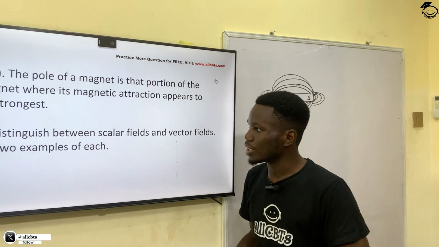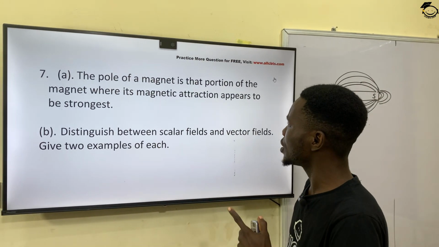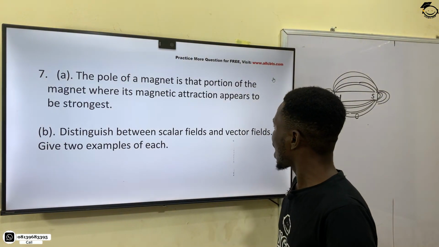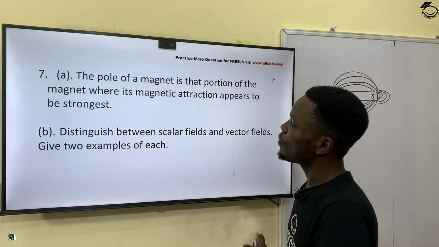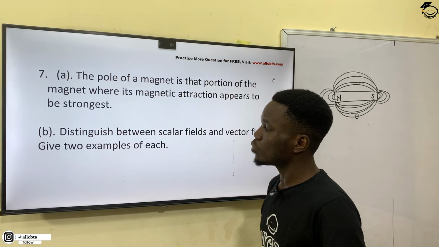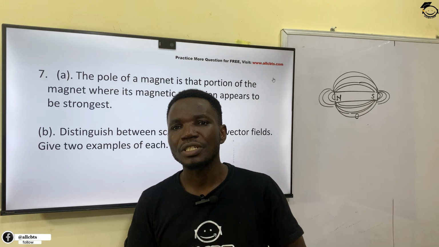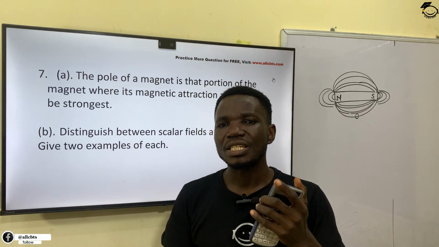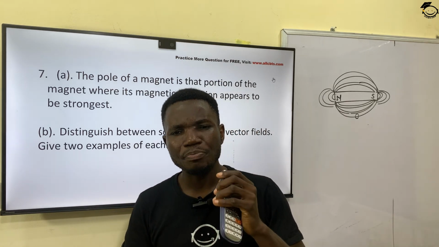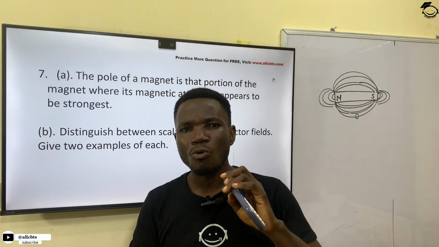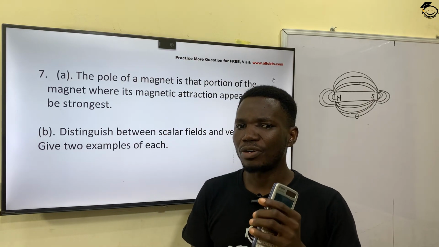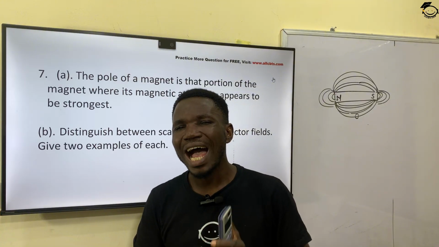Then the next question says, distinguish between scalar field and vector field and give two examples of each. Now, a scalar field is a type of field where the particular quantity or the variable that we're talking about here only has what?